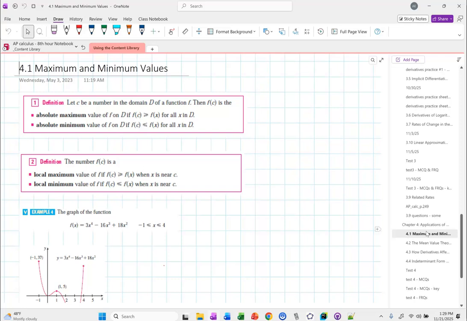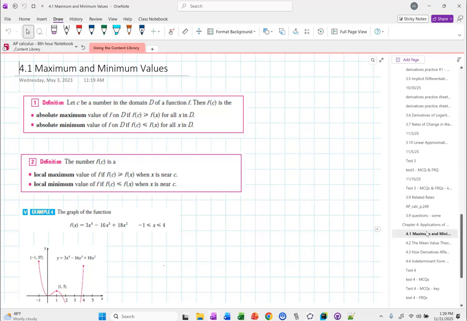Can you have more than one absolute min or max? Yes, because you can have ties for first, right? The sine function has infinitely many maxima or minima because the maximum value is 1, and that happens infinitely many times, right? Or the minimum value is negative 1, and that happens infinitely many times. Is everybody okay with that?